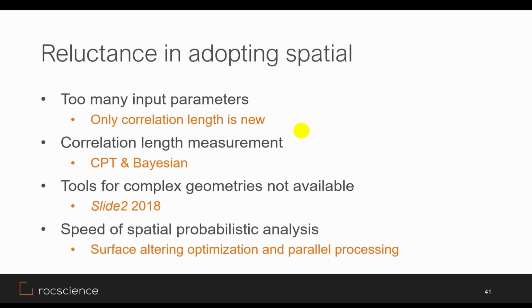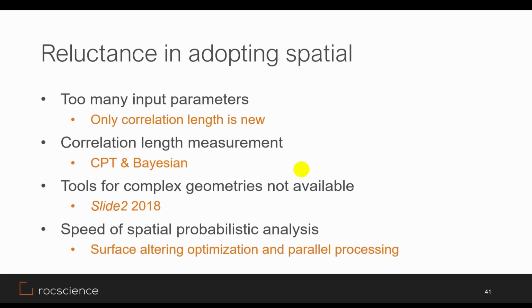The other reason is people have problems measuring a spatial correlation length, but as we explained in this presentation, using CPT data, it is possible to measure correlation lengths, and for the cases that we have a deficiency of data, we can use other approaches such as the Bayesian approach to measure the spatial correlation length.